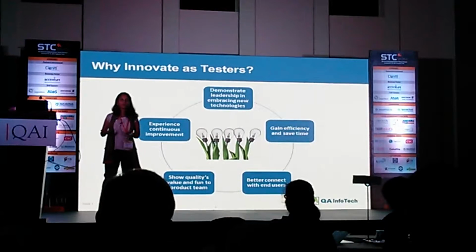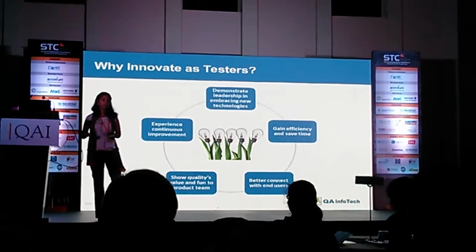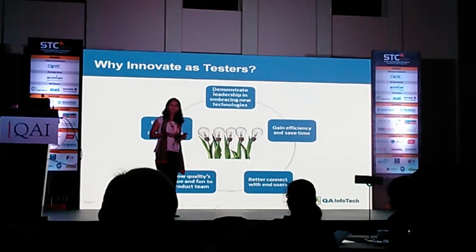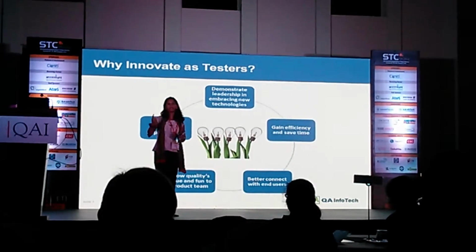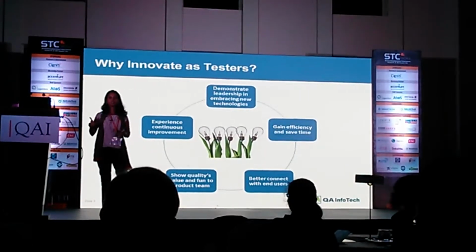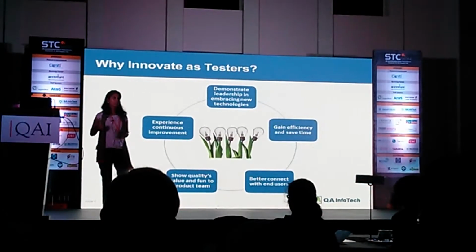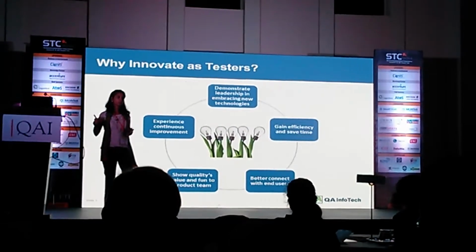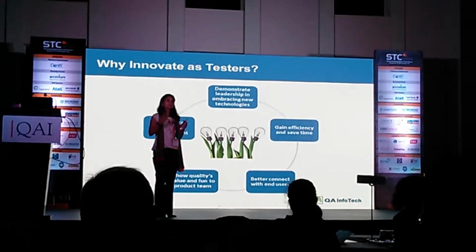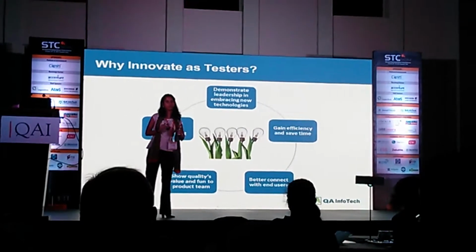Secondly, we want to get more effective and better at what we're doing. Thirdly, we want to get better at connecting with our end customers. We want to better empower the rest of our product team to own quality. And we as testers also want to experience ongoing continuous improvement. To my mind, these seem to be the top reasons why we as testers want to innovate.